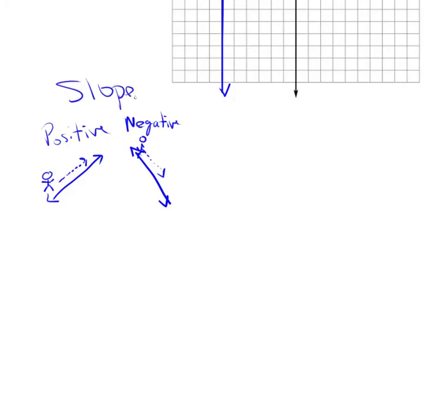And I'll label these slopes. Then we have our 0 slopes, and that would be that horizontal. What would give me a 0 slope would be m equals 0, so that means my 0 has to be in the numerator.